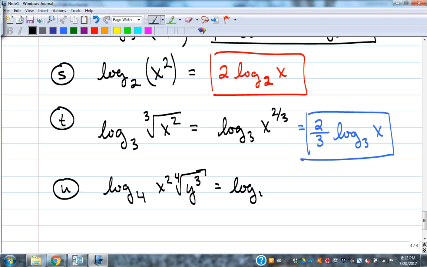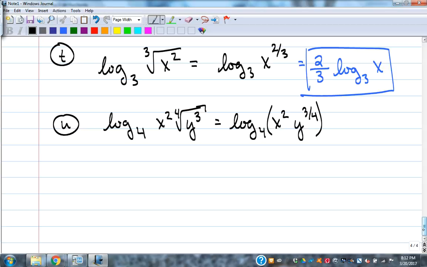So this is log base 4 of x squared, y to the 3/4. All right. So we're taking the log of all of that. What's going on between all of that? So I need to turn that into addition. Log base 4 of x squared plus log base 4 of y to the 3/4.